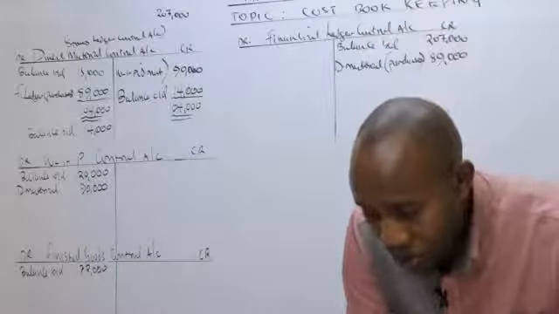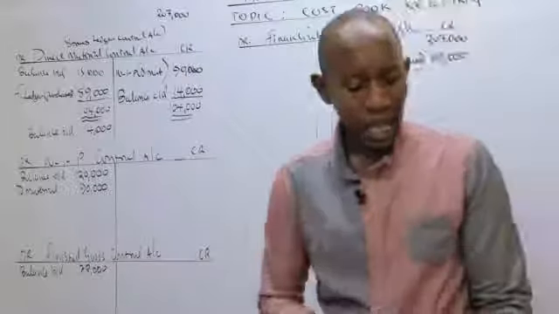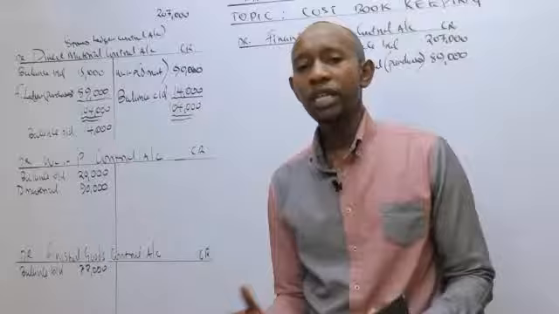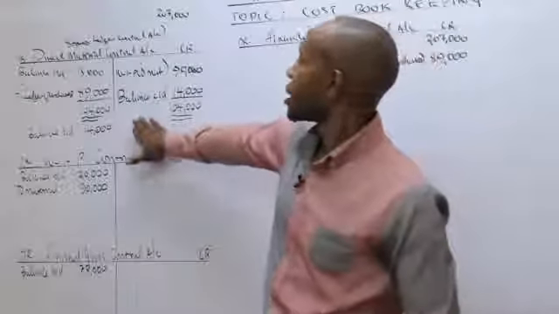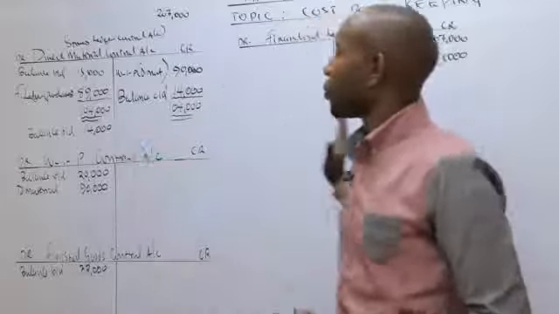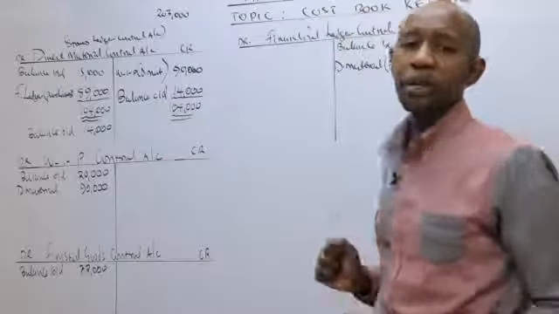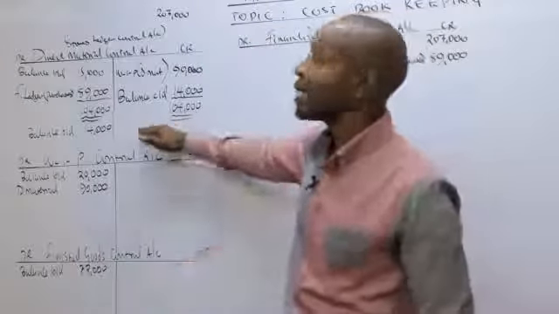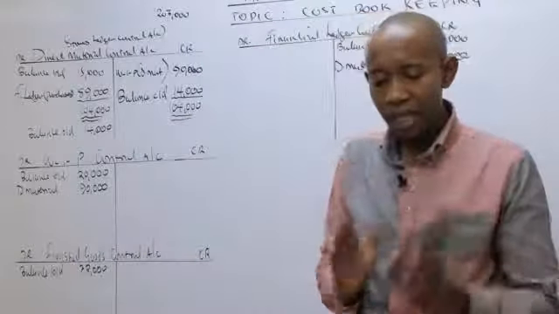Now, I want to see if everybody is clear about how we've prepared the material account. I said my objective today is that you can prepare a material account, a wages account, and an overhead account. So is it clear how we prepare a material account?